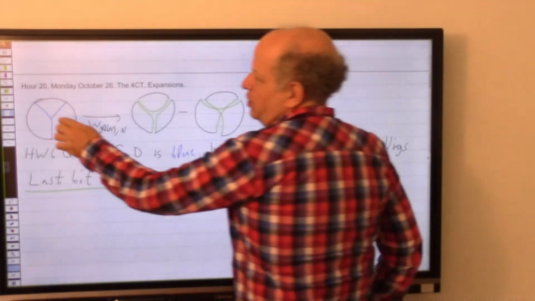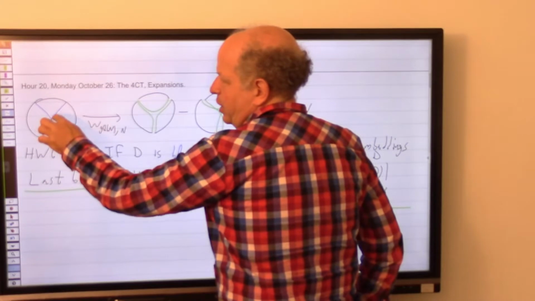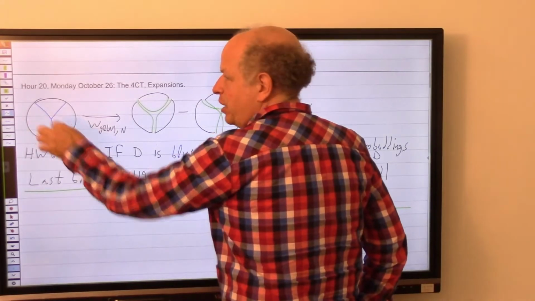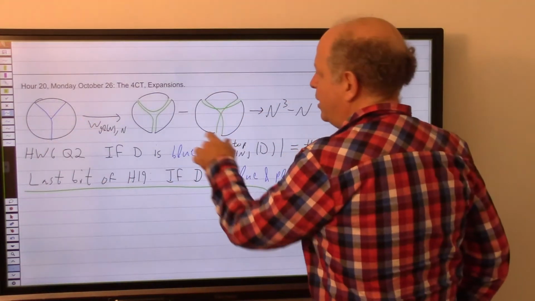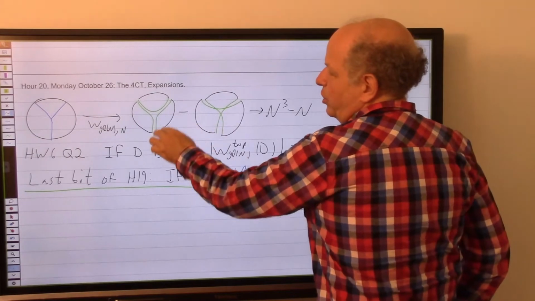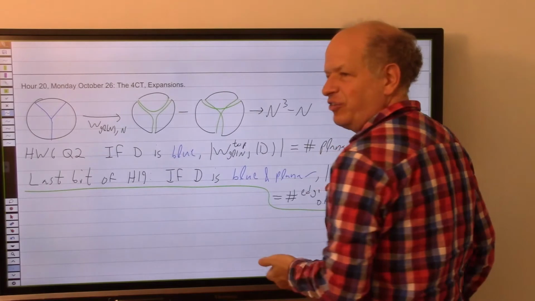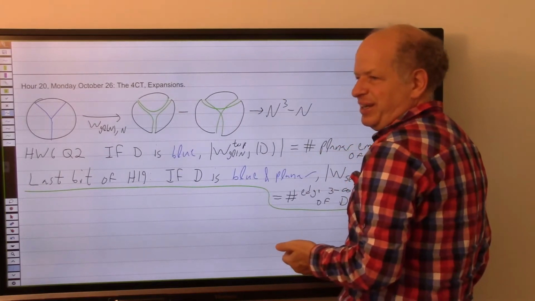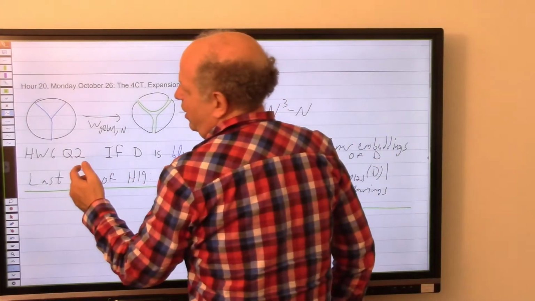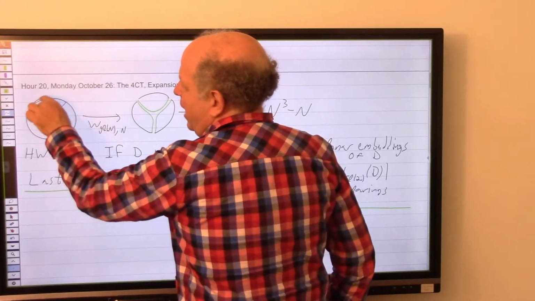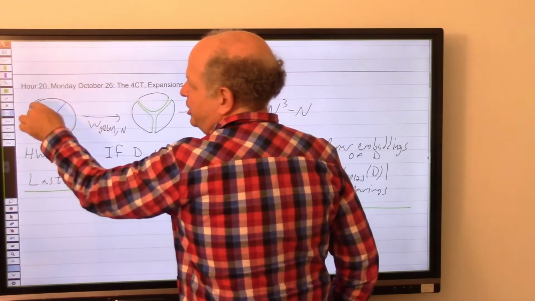Every time you saw an intersection, a vertex, you replaced it by a difference of the two ways of two different kinds of interchanges, if you wish. And the black just became single edges.